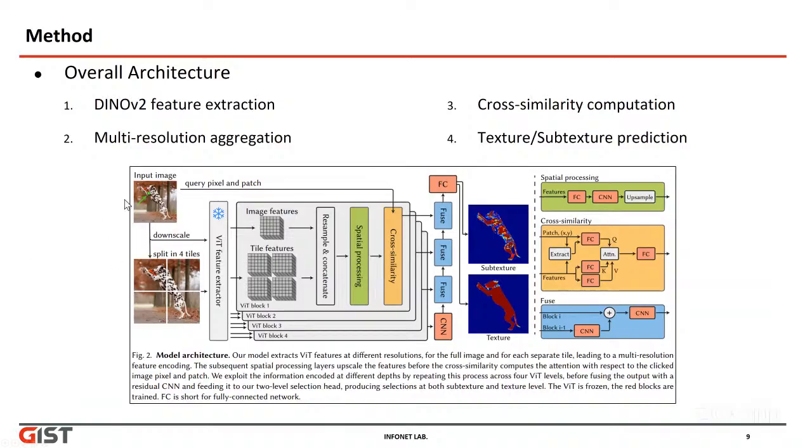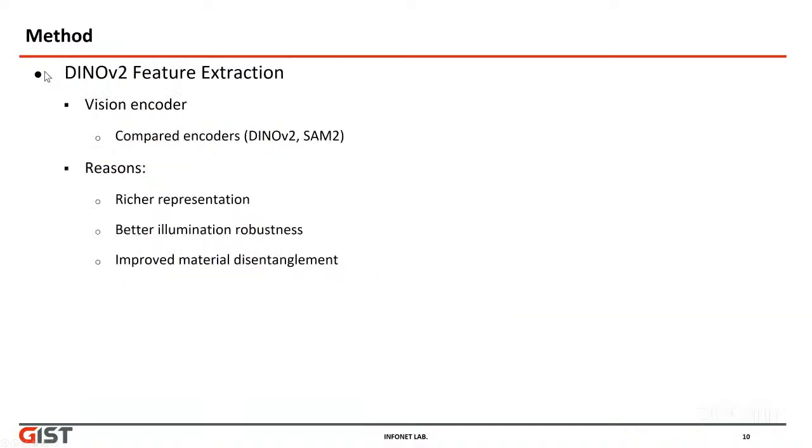The overall architecture is a vision transformer, and it extracts features with DINOv2, and then does multi-resolution aggregation, cross-similarity computation, and texture and subtexture prediction. DINOv2 is a vision encoder, and in this paper it is compared with other encoders like SAM2 in the experiment part.